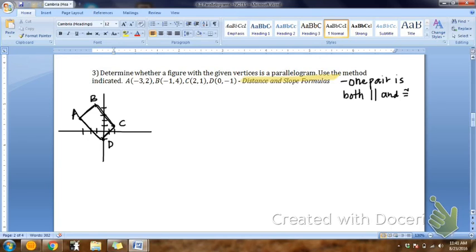We should be plotting points. We should be experts at this. The x value comes first in the ordered pair, so you're moving left and right first, and then up and down.